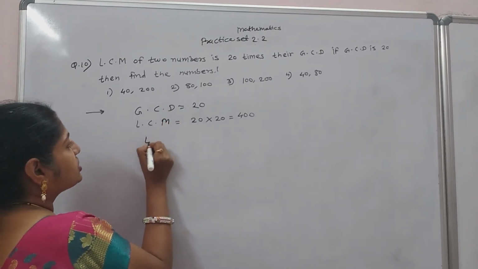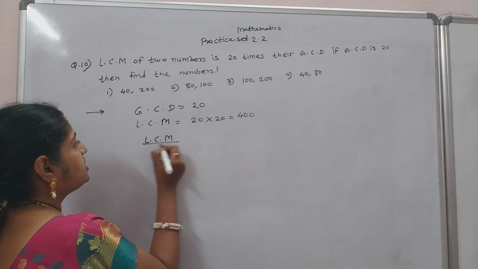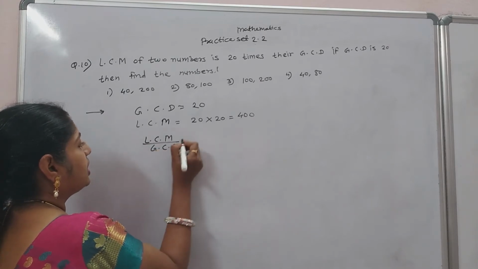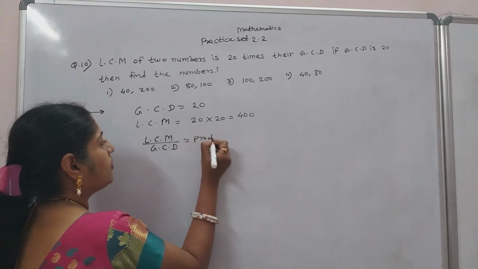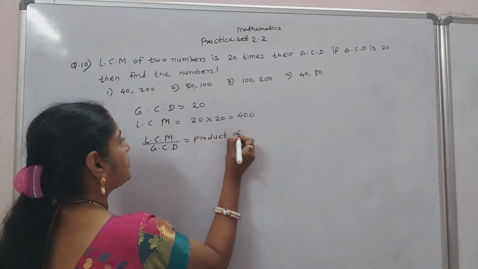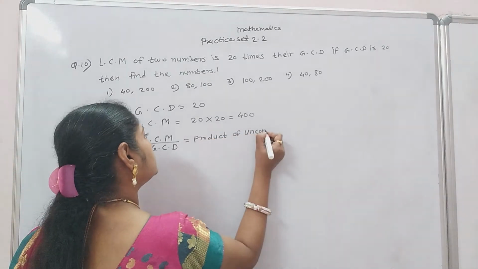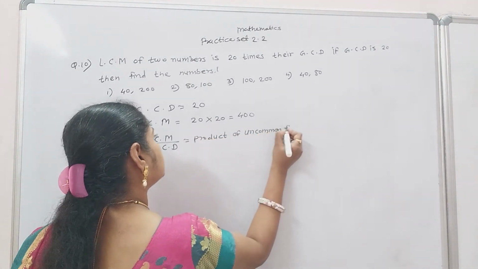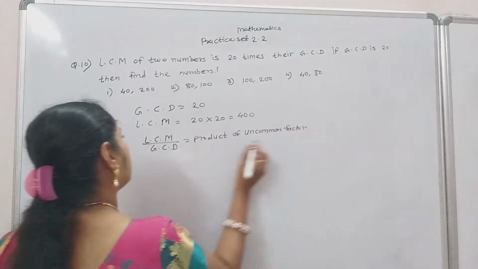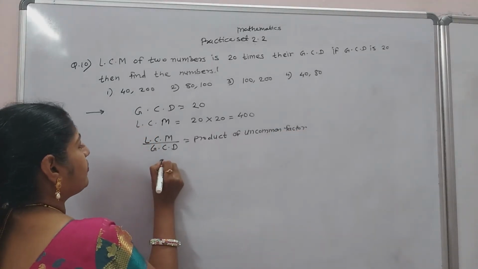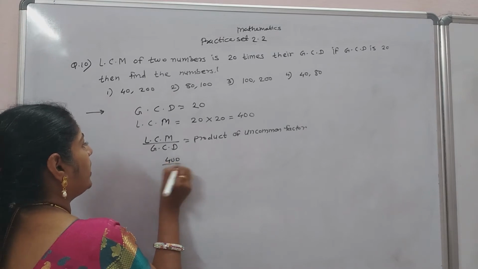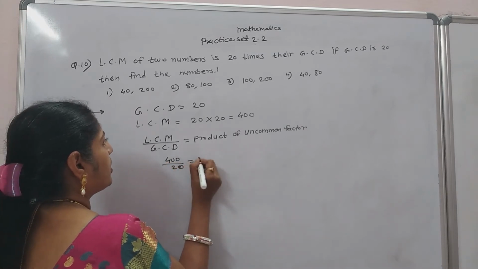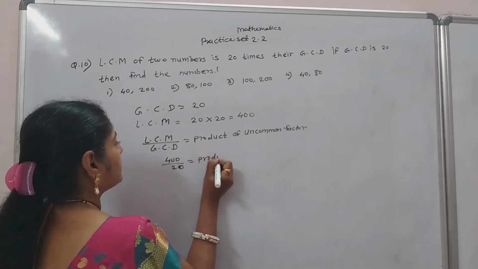Now use the relation LCM upon GCD equal to product of uncommon factors. Now LCM 400 upon 20 equal to product of uncommon factors.